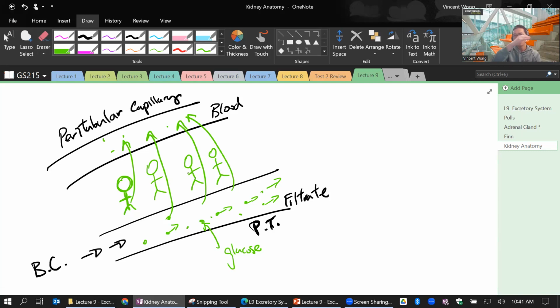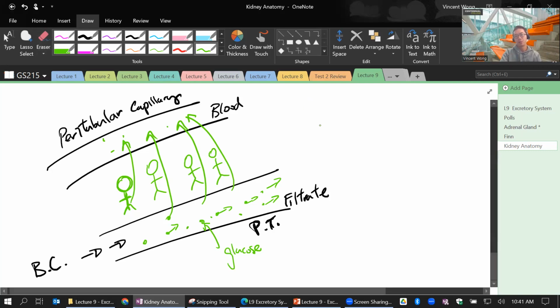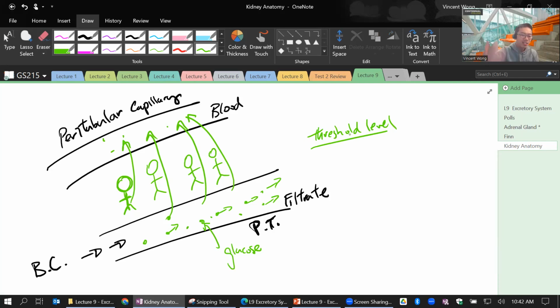So that caps how much you can take back. Each substance has a threshold level beyond which you won't be able to absorb any more. So if there's more than a certain concentration of glucose in the filtrate, you won't be able to absorb the excess, and it will just end up in the urine.